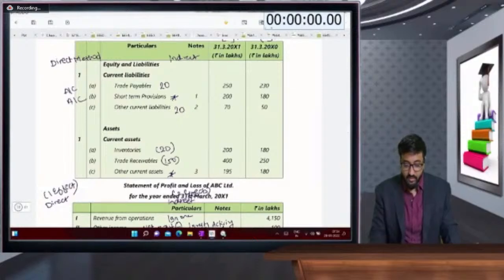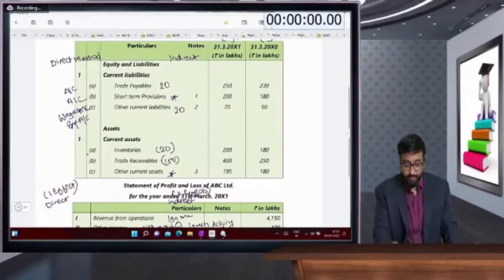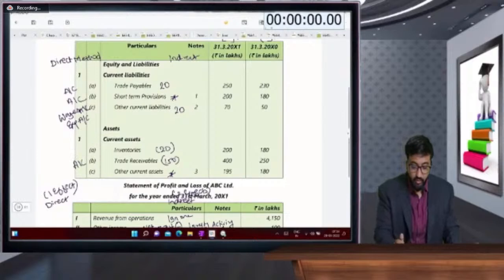Short-term provisions, income tax account. Here two accounts: wages account, expense account. Inventory, no need of any account. Trade receivable account. In direct method, we ignore inventories because the same thing is in the balance sheet. So we ignore that. Oh, no, not ignore. We open trading account. Sorry, beta, trading account.